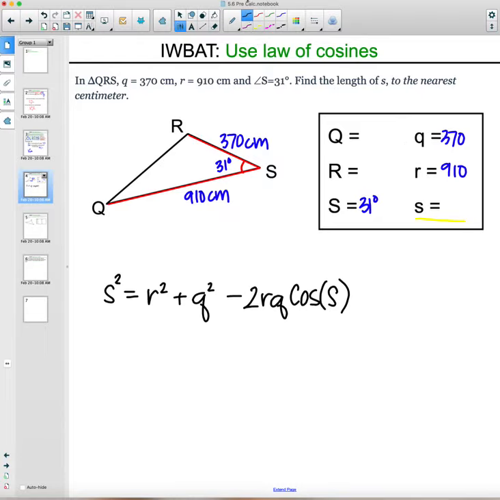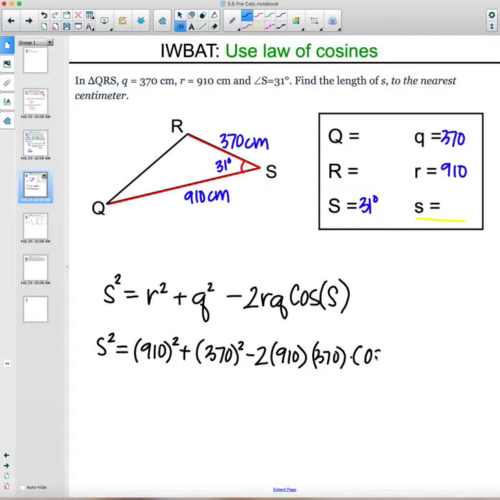So now we'll plug in information. We are missing side s, so we'll have s squared equals side r squared, so r is 910, so we have 910 squared, plus side q is 370 squared, minus 2 times 910 times 370 times cosine of angle S, which is 31.